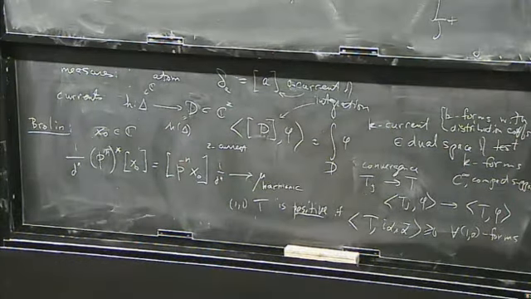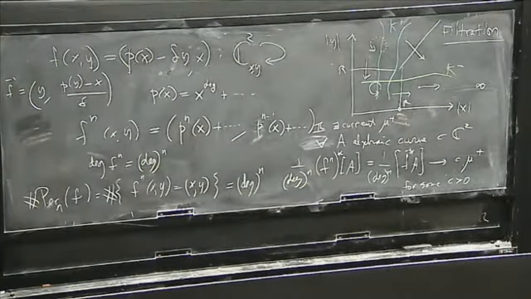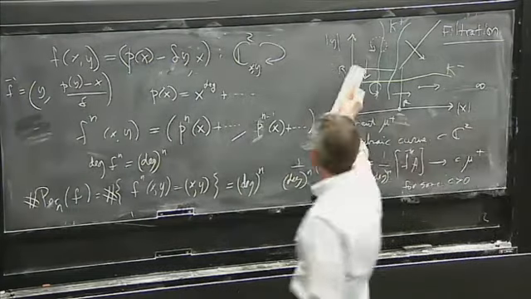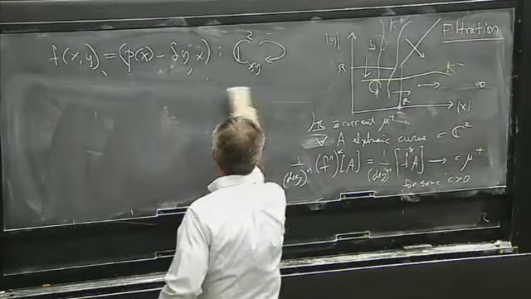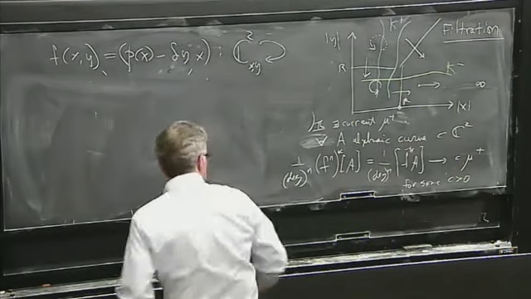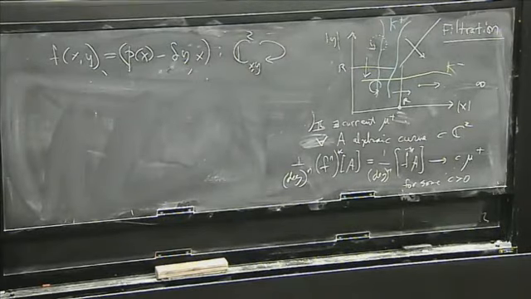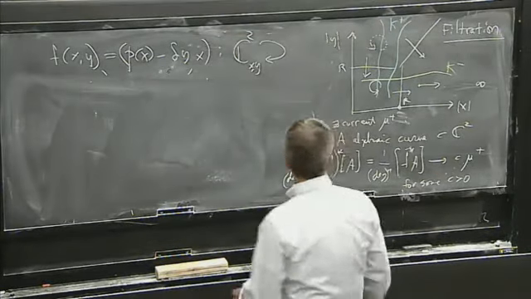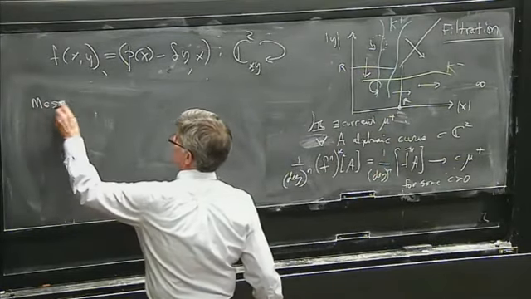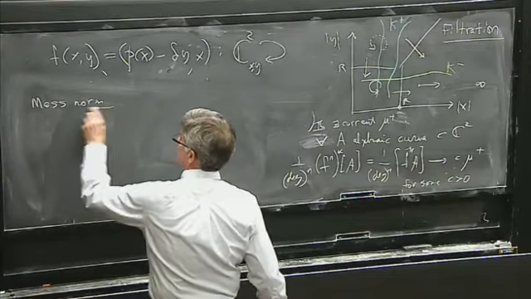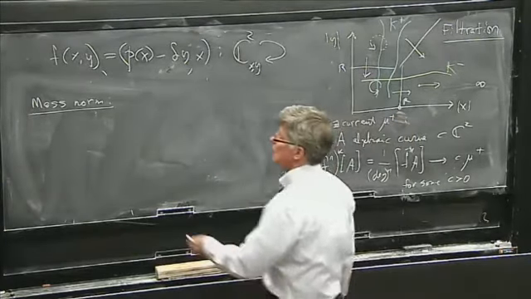Now, I guess there are a couple more things I want to say about these. The other thing is one of these beautiful results of complex analysis. I want to have the mass norm, which I could give the definition, but let me say it this way.